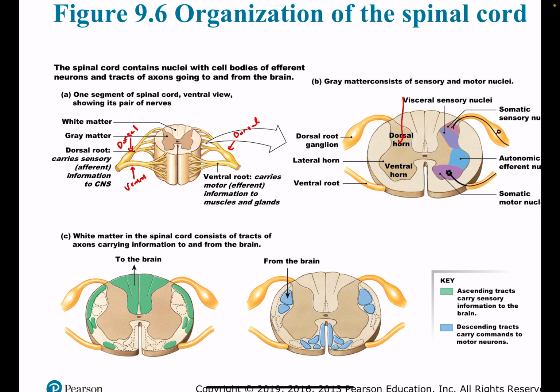Don't memorize everything in this slide, but understand tracts. If they are ascending tracts, so it's saying all of these are ascending tracts, clusters of neurons, and it is sending info up to the brain. If it is a descending tract cluster of axons, then it is coming down and is going to do a motor function.